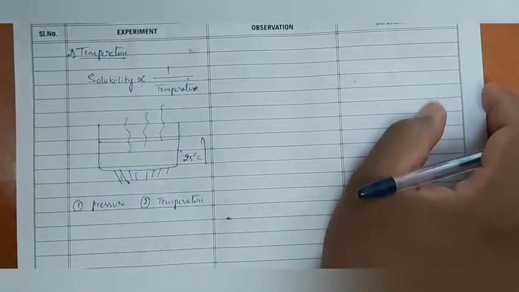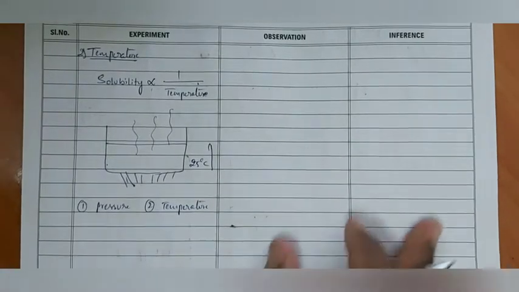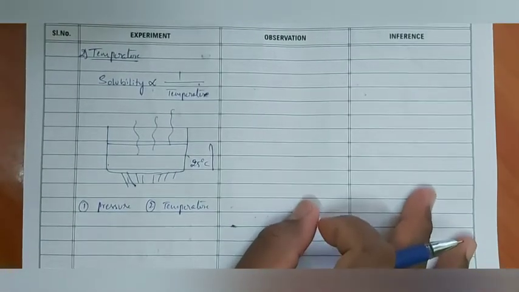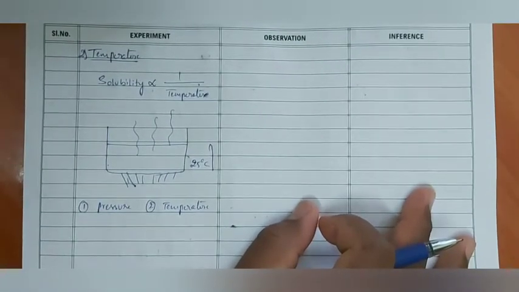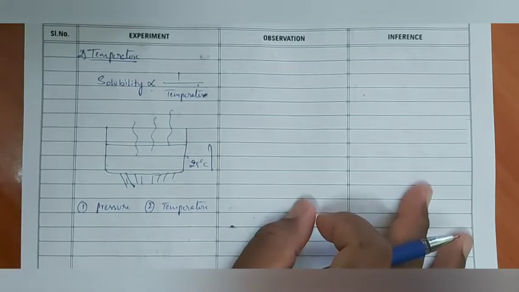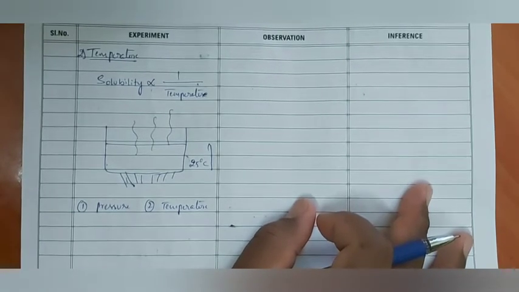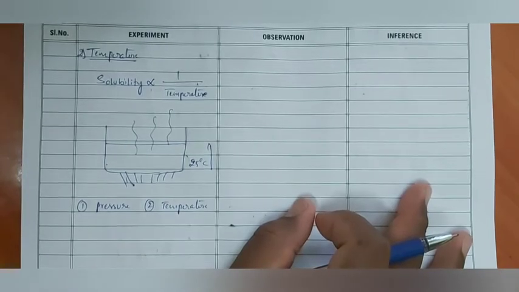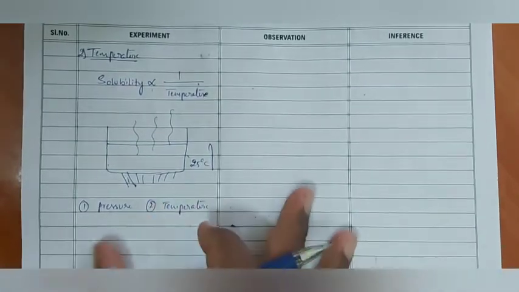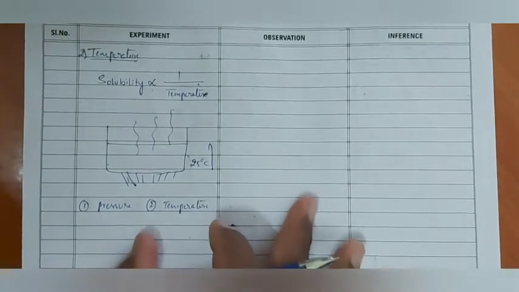Solubility of solids in liquids is affected by four factors: stirring, surface area, nature of solute and solvent, and temperature. There, pressure has no effect. In solids and liquids, pressure has no effect on solubility. Is it clear? These are the two factors which affect the solubility of gas in liquid.